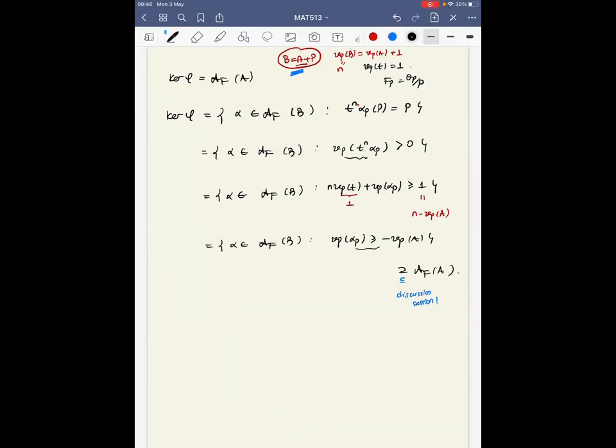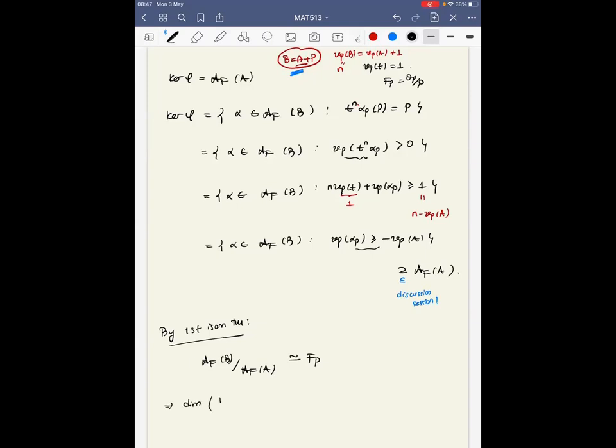And like in the proof of Lemma 1.4.8, again by the first isomorphism theorem, we can conclude that in this case the quotient space is isomorphic to the residue class field.